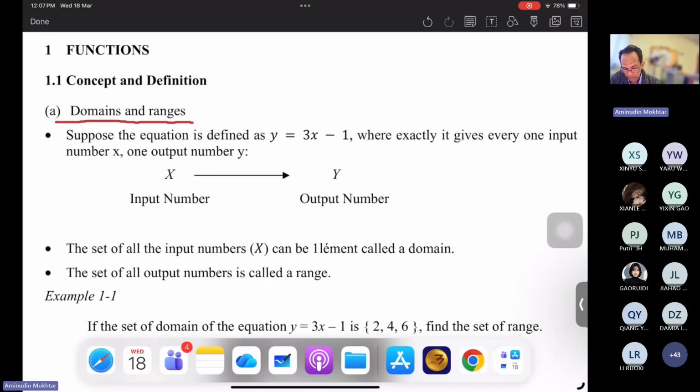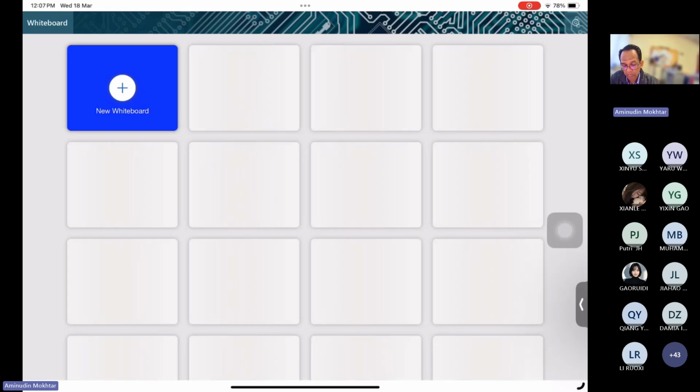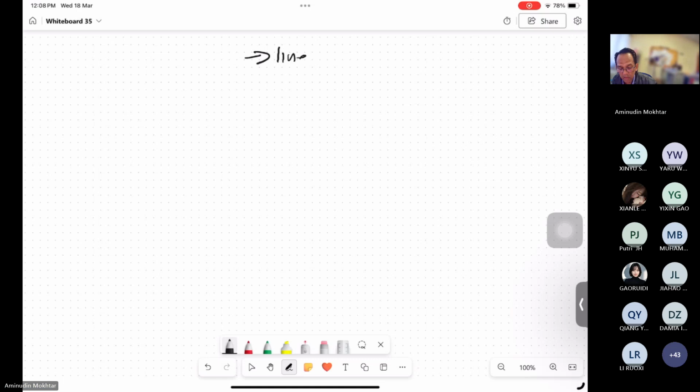I need to write this equation. This equation is also known as a linear equation.